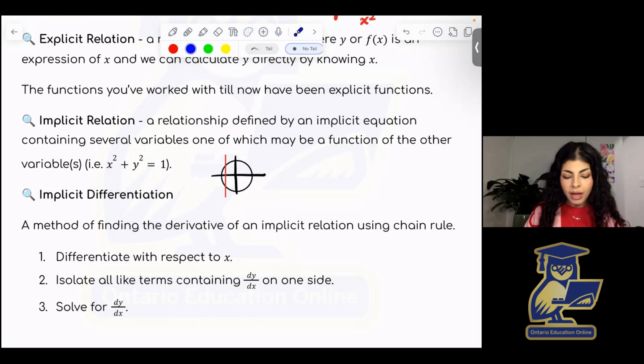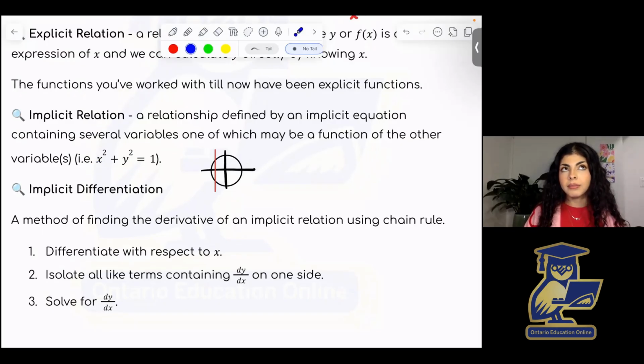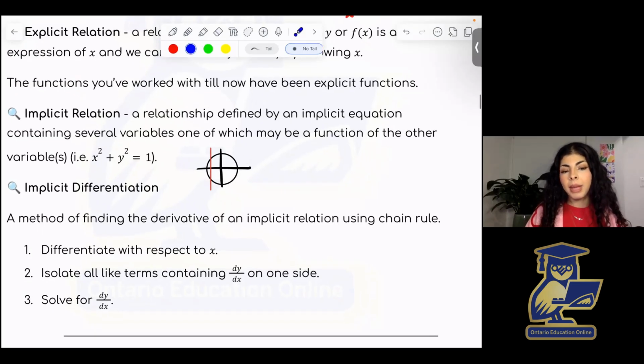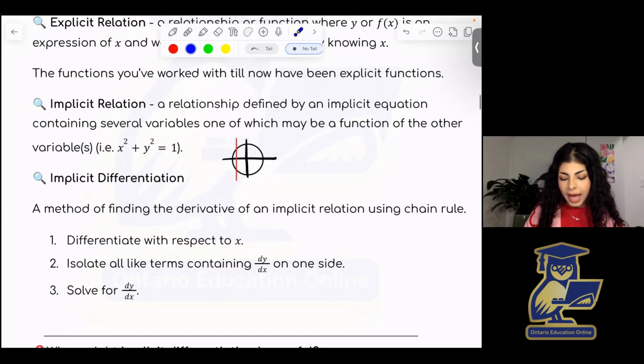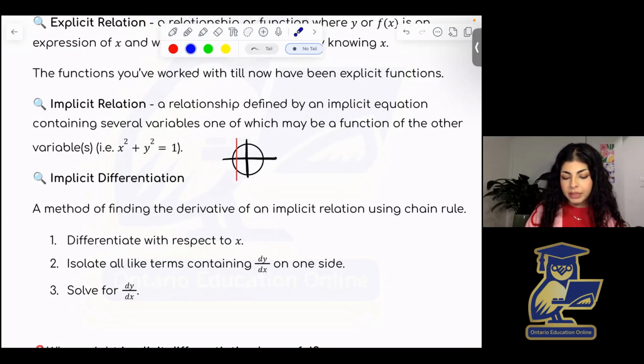If I have any input value of x, I can't directly find what y is, and I may have to do a little more work to find what my y value could be. And you can see that for different values of x, there could be more than one y value.